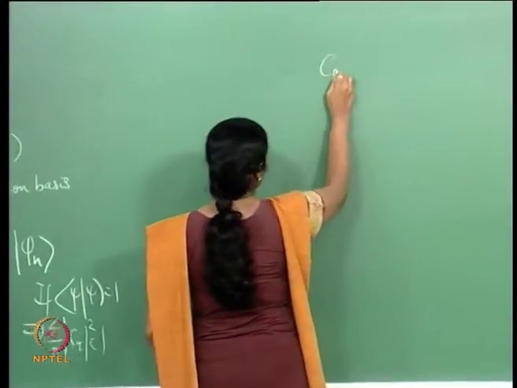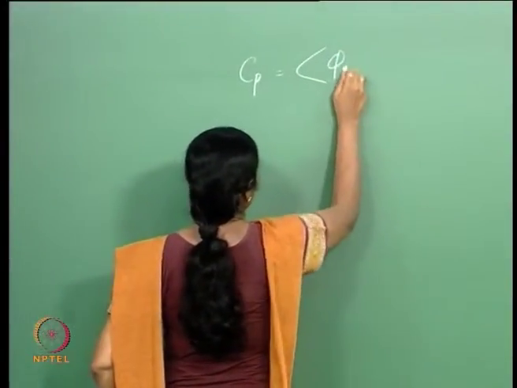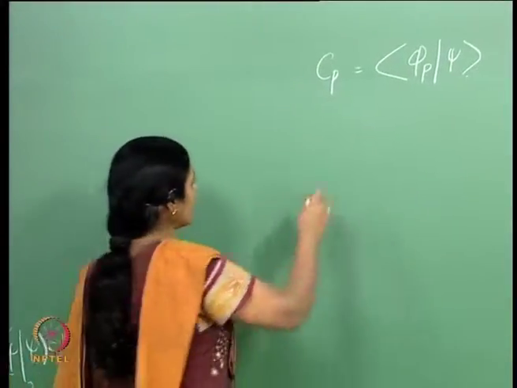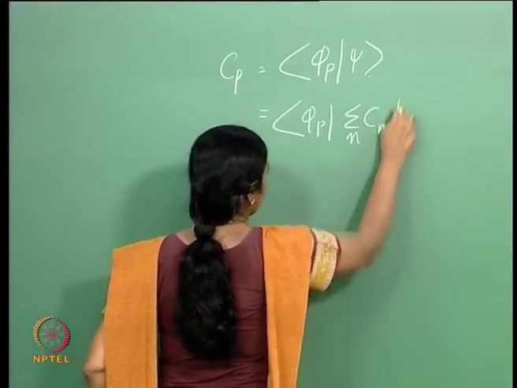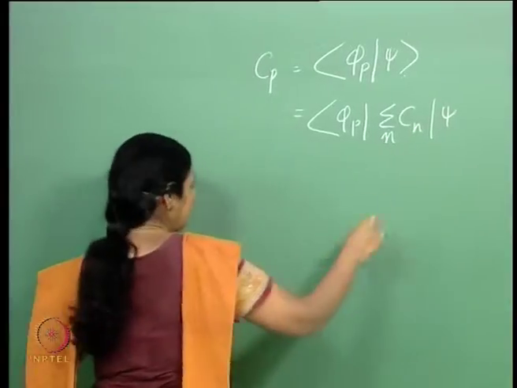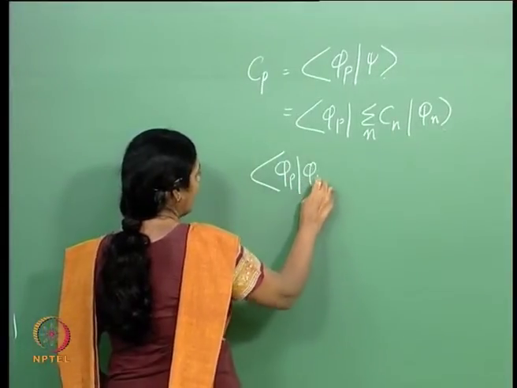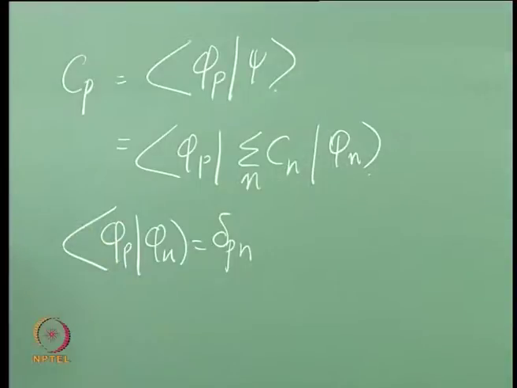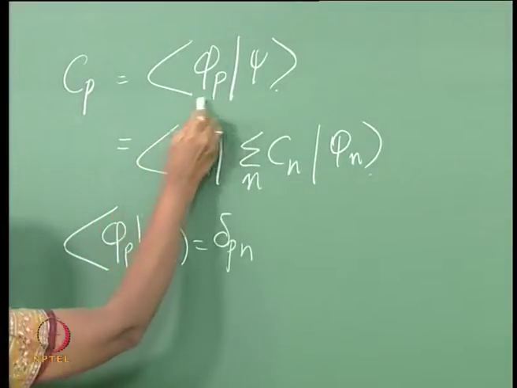Equally true that I get a particular coefficient Cp as the phi p psi inner product, because this is like phi p, summation over n Cn phi n. And I use the fact that the phi p phi n inner product is delta p n, and therefore I get Cp.